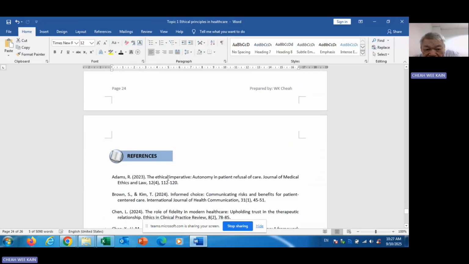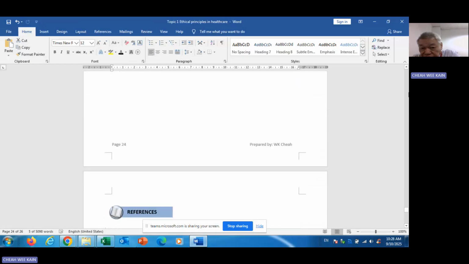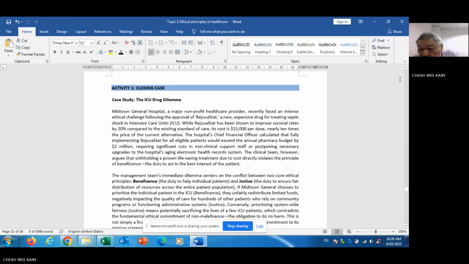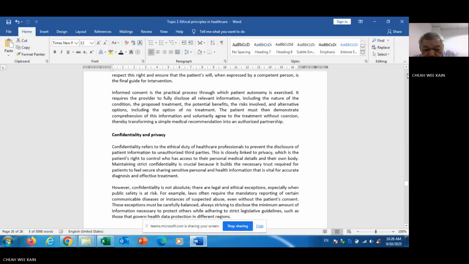So these are key terms, and these are all the references. Of course, this is the full APA 7th edition reference. The short reference is also in the various chapters. Sorry, just let me show you.